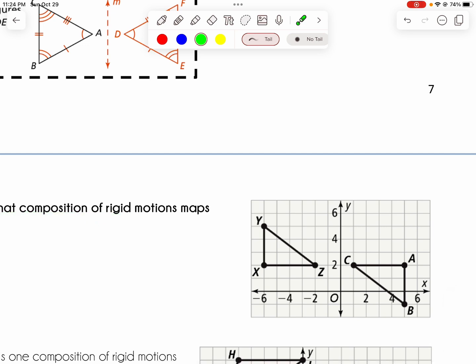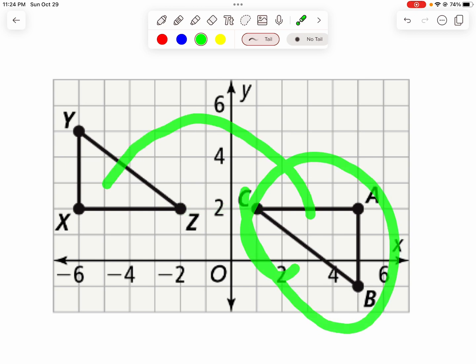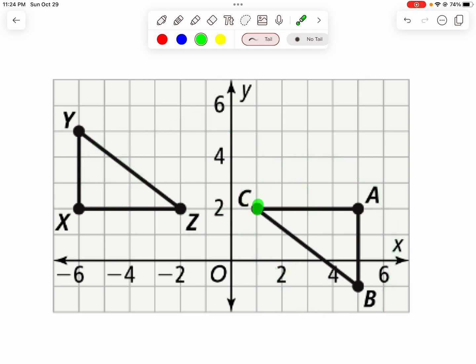Now, the reason that I say that is I'm noticing something. You know how C and Z are the same point on these triangles? So if I want to show that they're congruent, I want to move C to Z. I want to move A to X, and I want to move B to Y. One thing I'm noticing is that the distance from A to X can be cut in half right here.